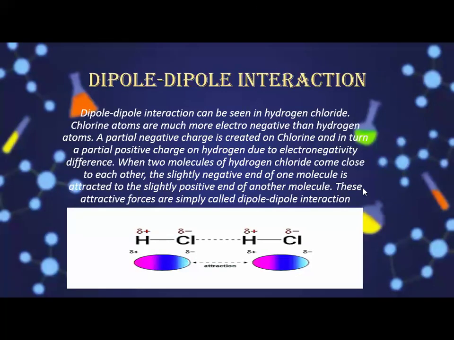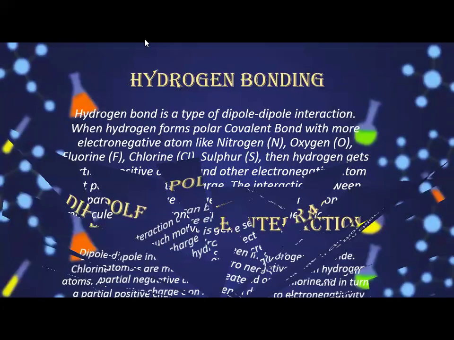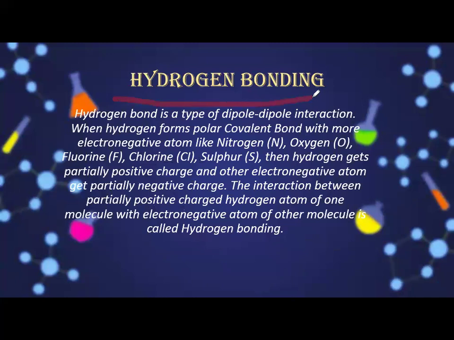Now, another type of bonding or interaction we are going to deal with is hydrogen bonding. By name, you can easily guess that this bonding is due to the hydrogen element. So what basically is the hydrogen bond? Hydrogen bonding is a type of dipole-dipole interaction.